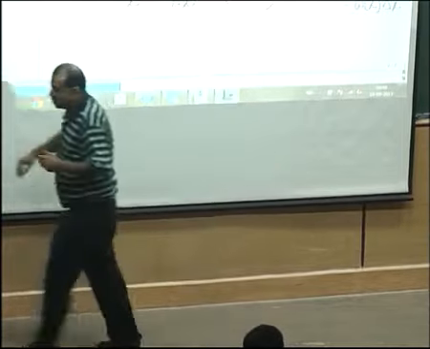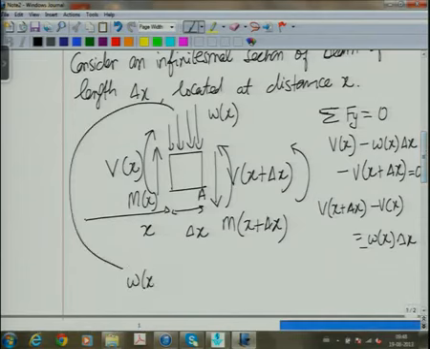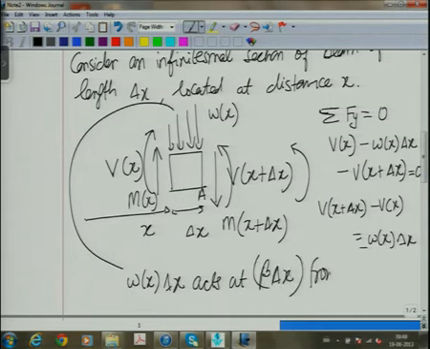So this load is W of x delta x, and it acts at beta delta x from A, where beta lies between 0 and 1. Because I am not talking of a discrete load, I do not put an equality, because it is a continuously varying load, so there has to be some contribution either from this side or that side. So it will vary between 0 and 1.